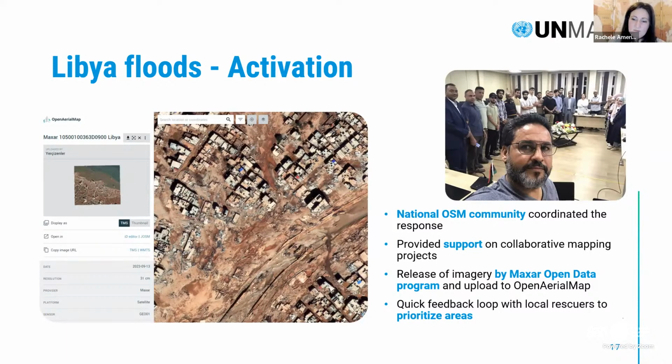On the other side, Maxar, which is a provider of imagery, was releasing some imagery after the flooding, so to do some analysis. And we were mapping all together in this area to provide the local rescuers with updated maps.